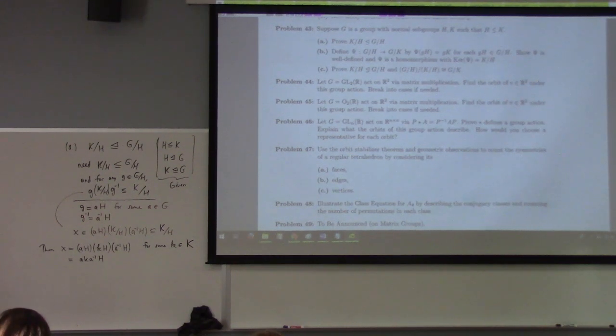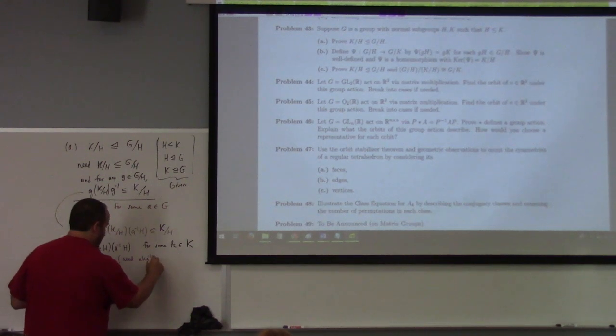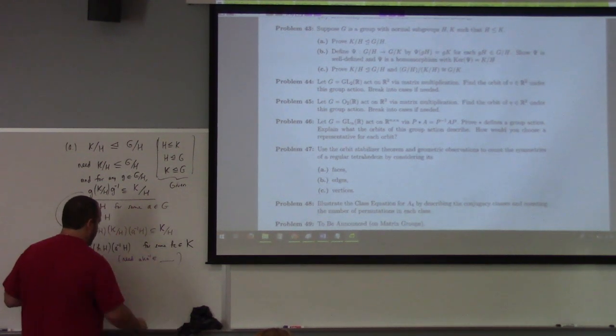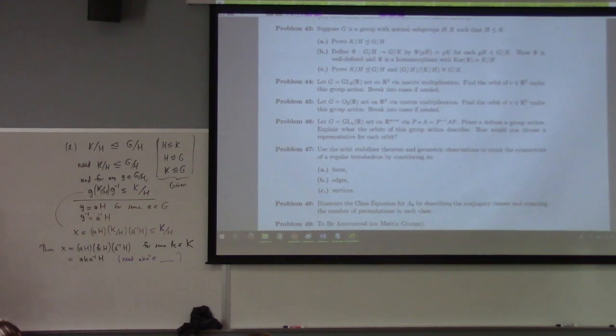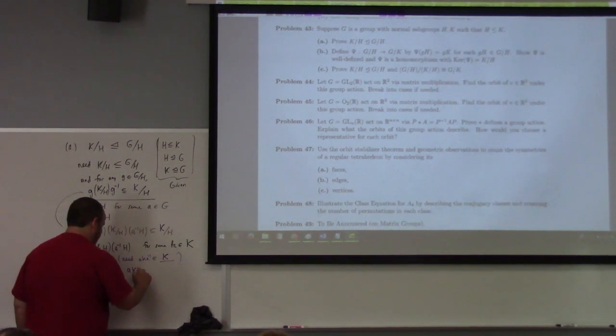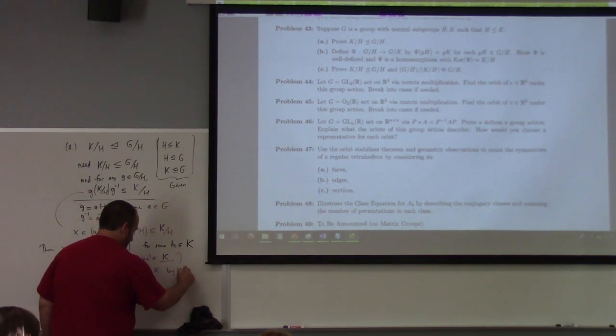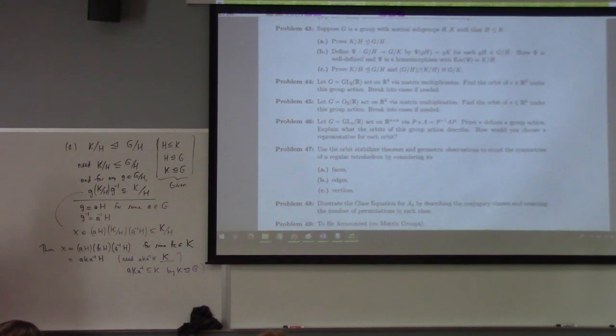Okay, so what do we need to show? We need something a little bit pickier. We need A K A inverse to be an element of what? We need it to be in K in order for this to work out for us, right? But notice that A K A inverse is a subset of K by K normal subgroup of G, right?